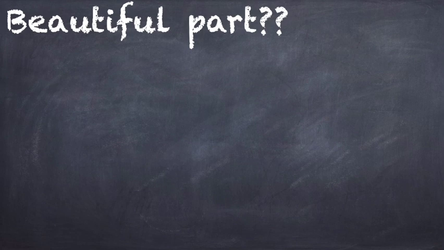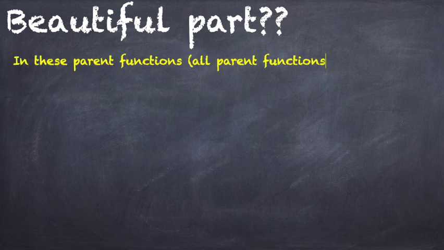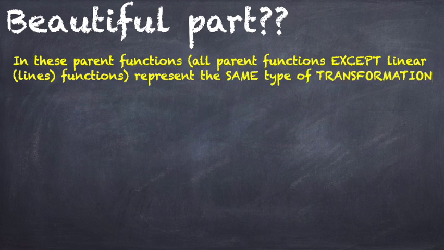You might say, okay, what's the deal? Well, of course, I'm a nerd. I love how all this works together. I just got our new square root function and our new cube root function, and it still means the same thing because it doesn't matter what parent function I get, except our linear.